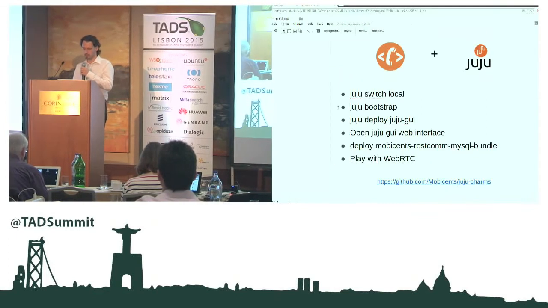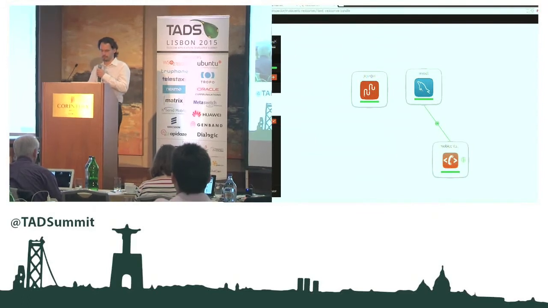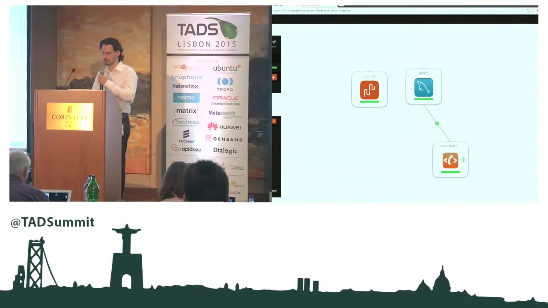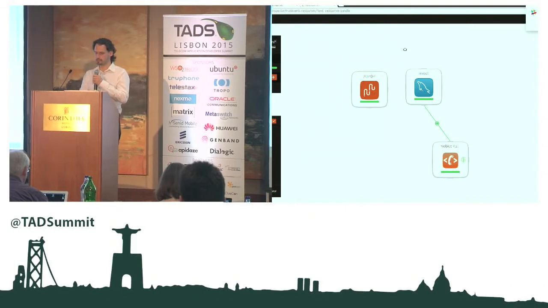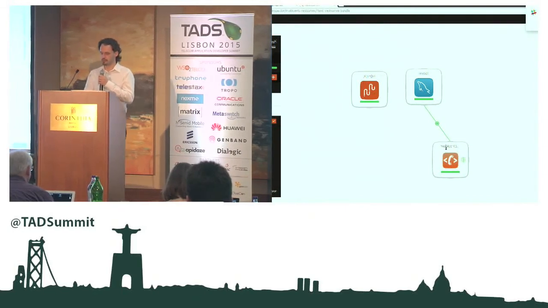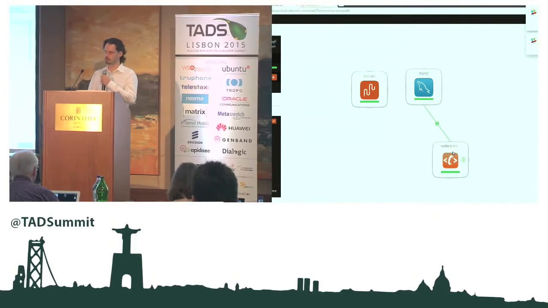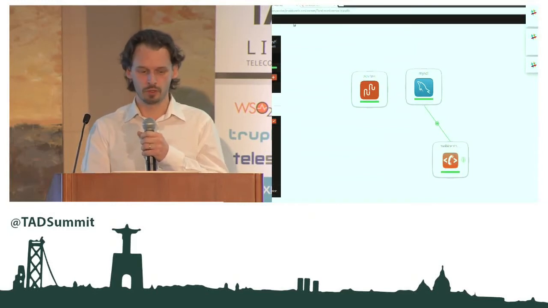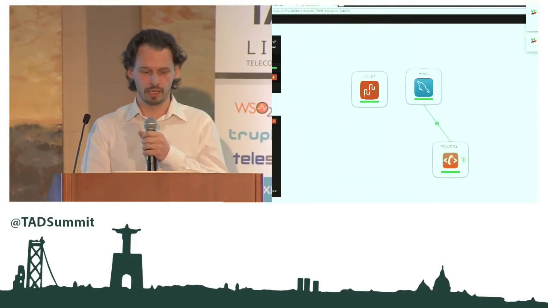I went to the Juju admin user interface, and you can search for services in the Juju Charm Store and look for the MobiSense RESTCOM bundle that will deploy MySQL and MobiSense RESTCOM. I'm using a local environment for Juju, which is LXC, so it's based on containers. When you deploy this environment, it takes about 15 minutes to deploy locally.